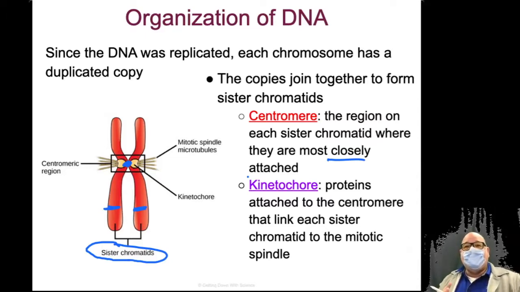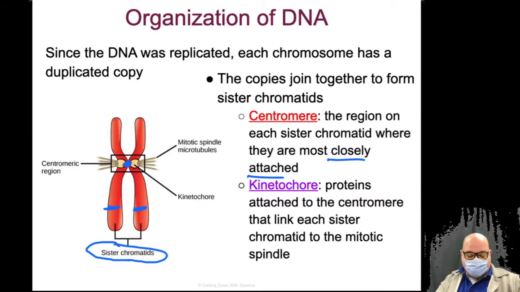All right. Next thing I want you to understand is kinetochore. Kinetochore is the spot where they actually are going to connect to these little tow ropes called meiotic spindle microtubules. That's a lot to say, but this is where the spindles are going to hook onto them. So it's sort of like a spot.